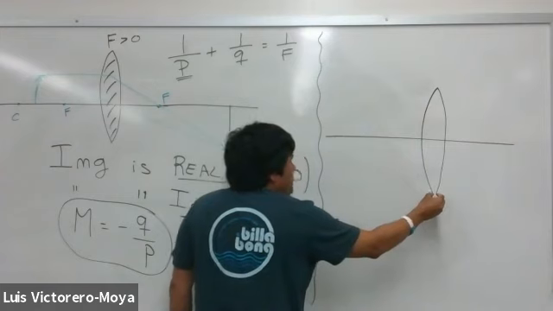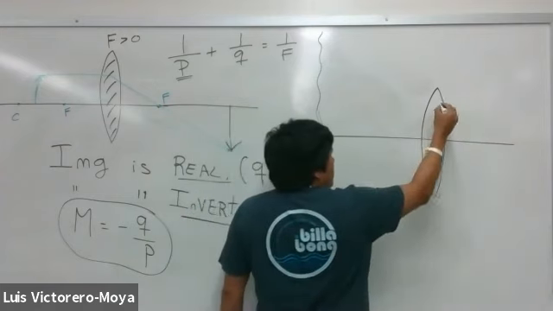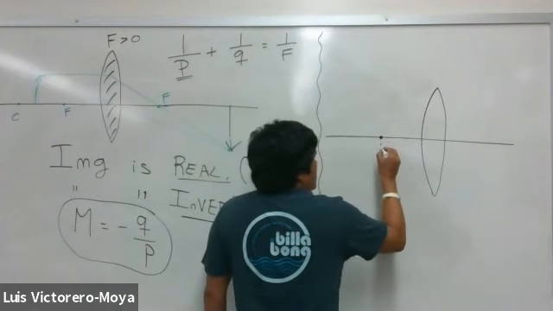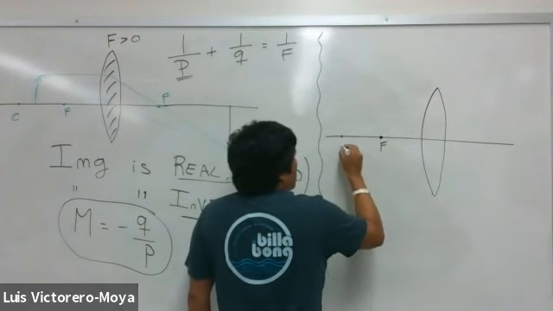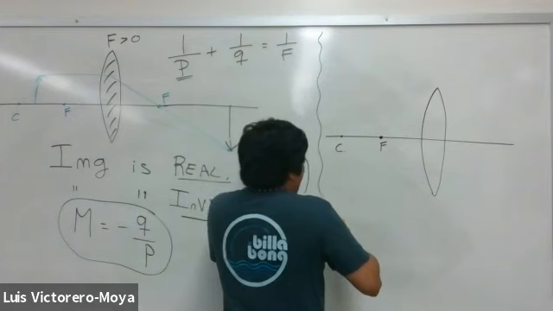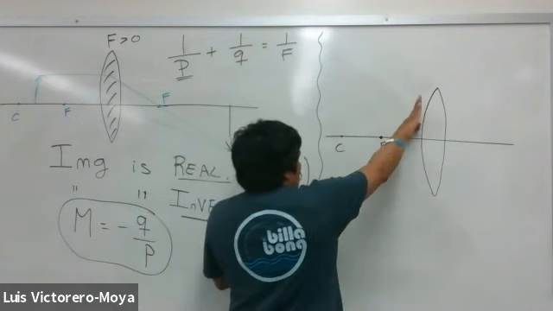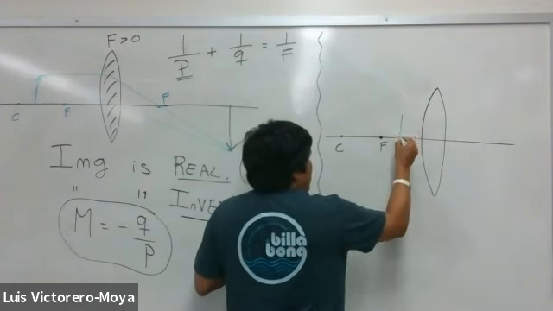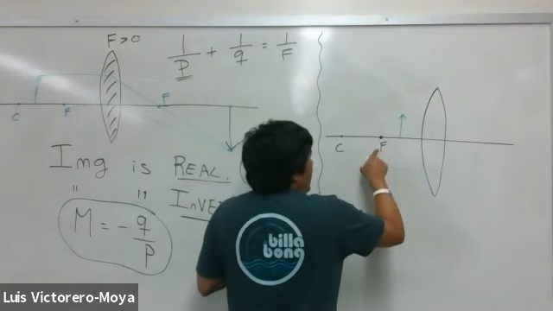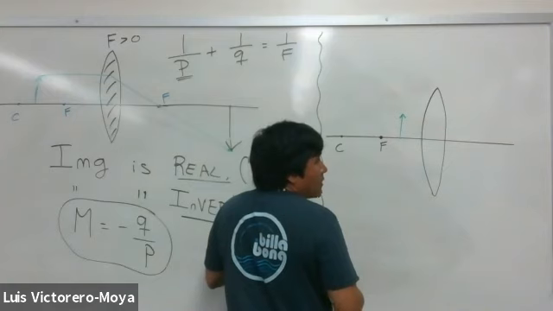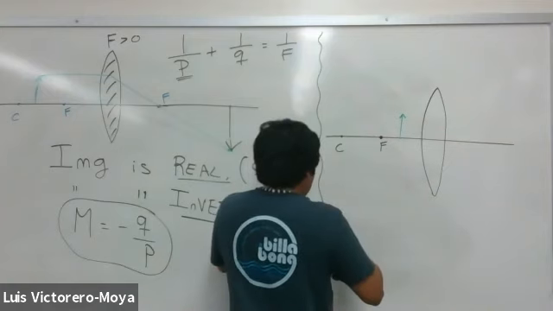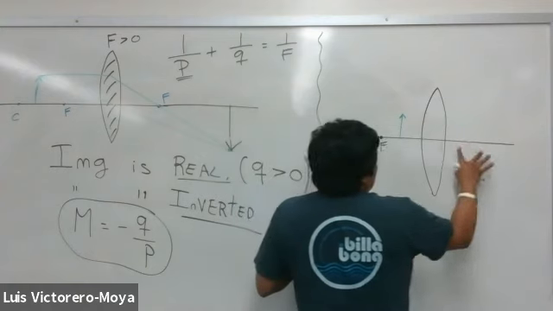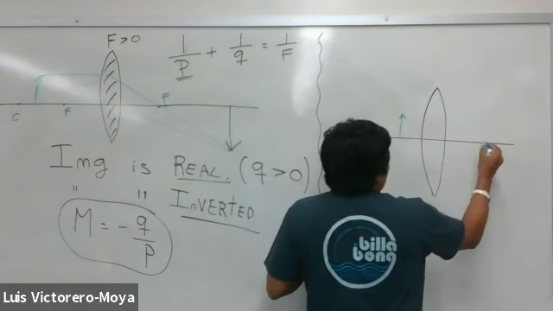It can be the same lens as that one. But now the focal point, which is here, now I'm going to move the object closer. I want to place the object here, between the focal point and the lens itself. This focal point is the same, so that's F.